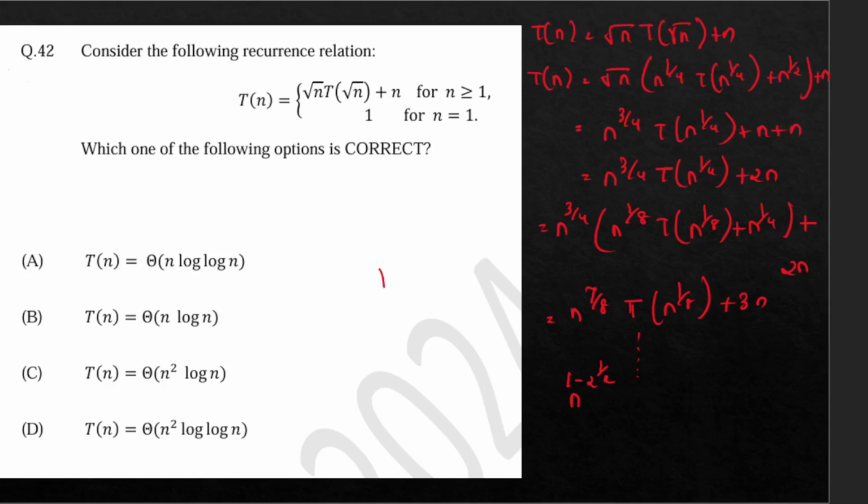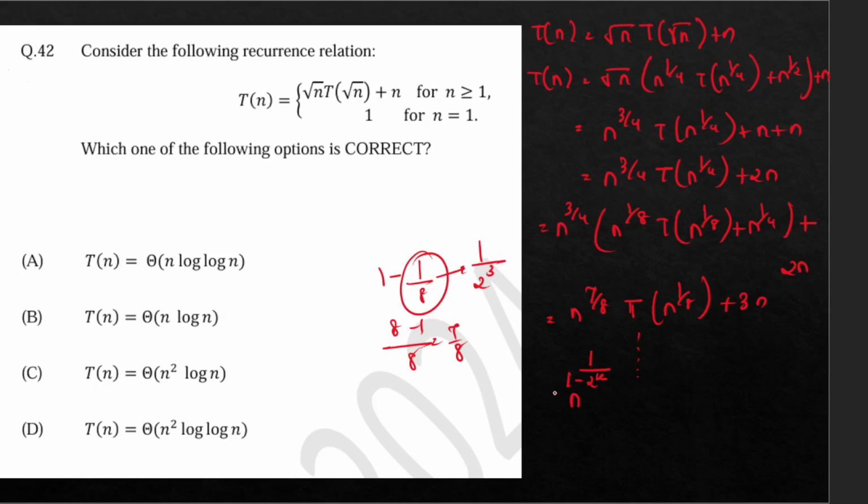Okay, because 1 minus 1 by 8, so this is what we are going to get. 8 minus 1 is 7, so 7 by 8, and 1 minus 1 by 8, how are we going to write? 2 to the power, because this is 2 to the power 3, like this. Okay, so this will be like this.